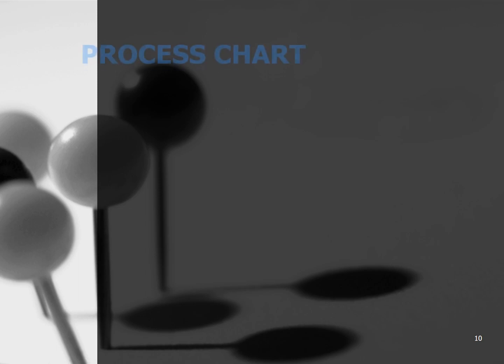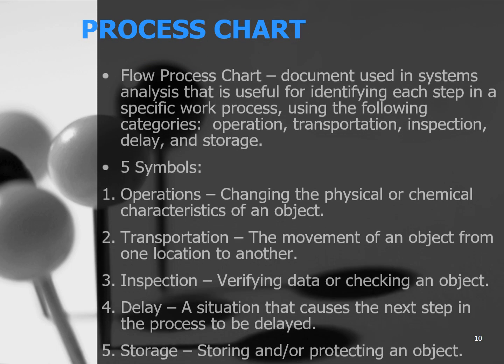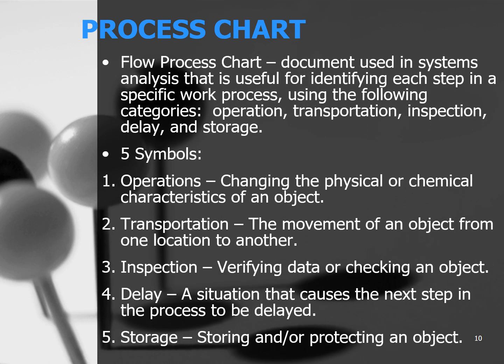Let's take a look at what a flow process chart is. It is the document used in systems analysis that is useful for identifying each step in a specific work process using the following categories: operation, transportation, inspection, delay, and storage.